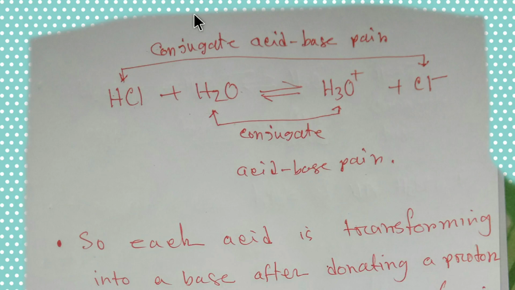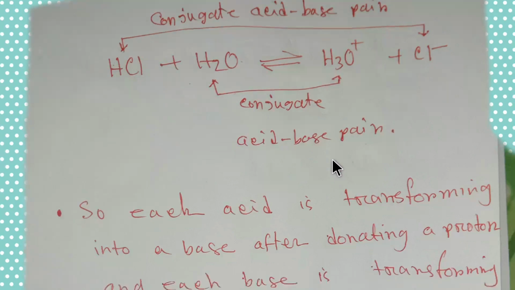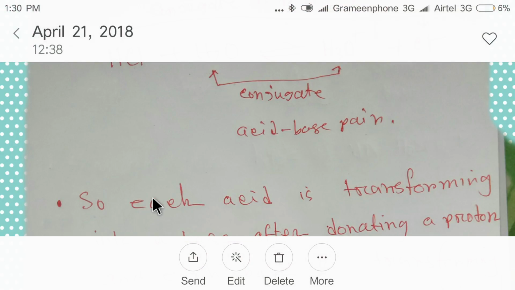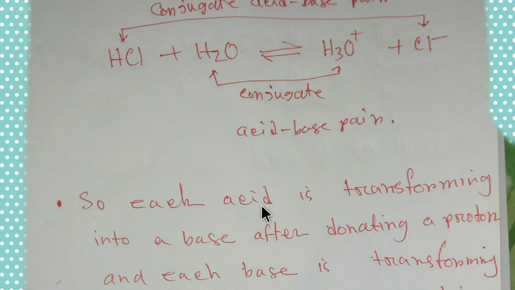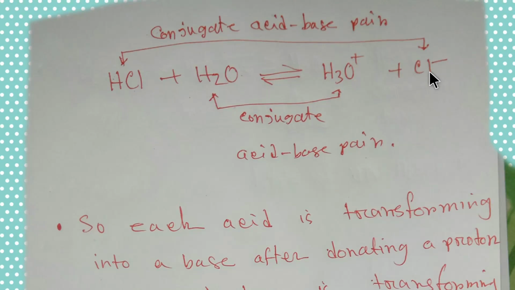This is a conjugate acid-base pair, and this is also a conjugate acid-base pair. So each acid is transforming, right? Here from HCl to chloride. Chloride is the conjugate base and hydronium ion is the conjugate acid.